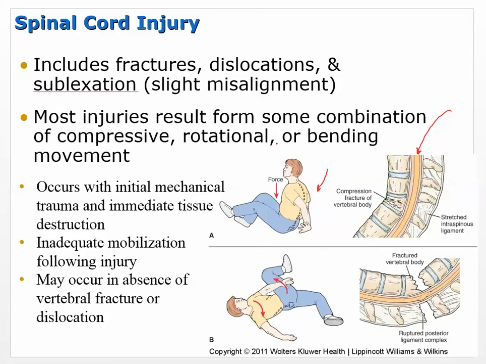So compressive, rotational, or bending movement. He's not stretching, he's damaging his spinal cord, I guess, in this case. I don't know, these are weird pictures. But you can see the damage to the vertebrae, which is something to be concerned about, but really we're interested in the damage to the actual spinal cord.